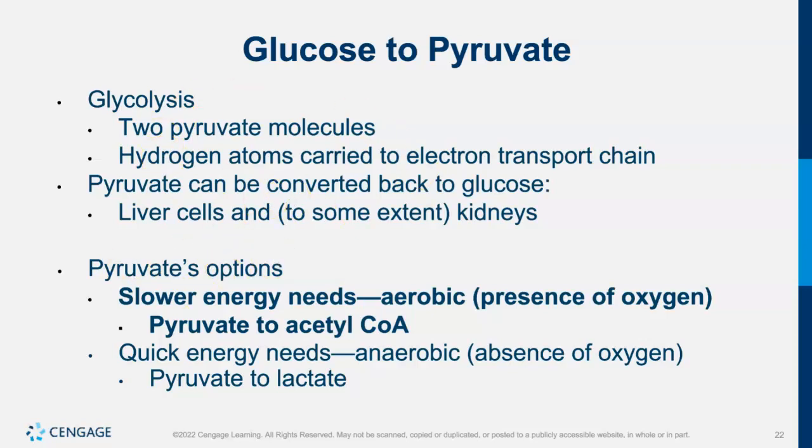In the aerobic environment, in the presence of oxygen, it turns into acetyl-CoA. In an anaerobic environment, which is the absence of oxygen, like your muscles when you're working out, it can turn pyruvate to lactate. That's the Cori cycle, and that'll be its own video. What we're going to talk about first is pyruvate to acetyl-CoA.